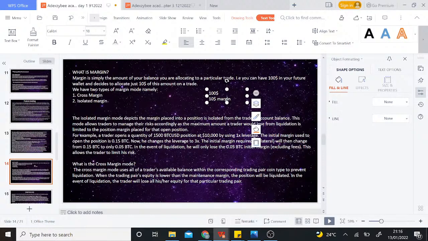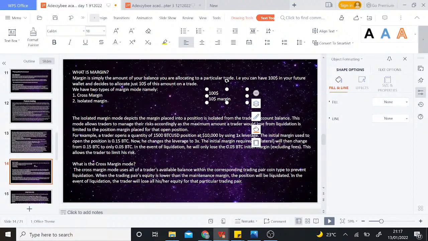And this margin is what you can now apply leverage on to amplify it. For example, if you are allocating just $10 of your capital to a particular trade, and you are now applying 100x leverage on that trade, that means your $10 capital will now be working as $1,000.